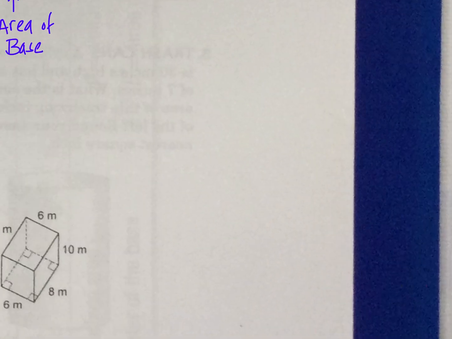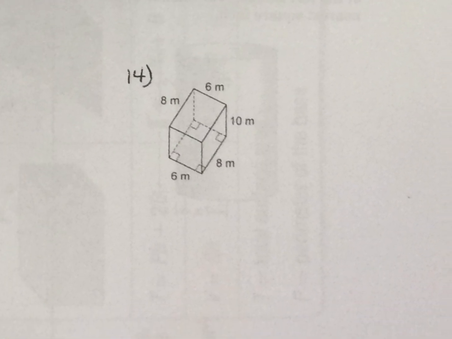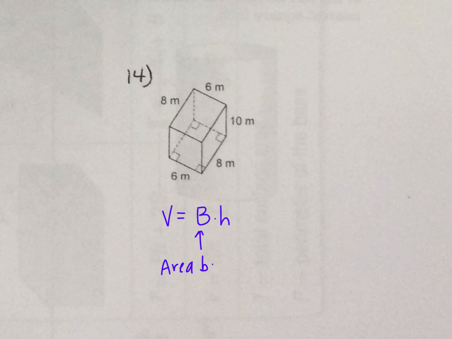We got one more we're going to get the volume of. It's this rectangular prism. So the formula for that is the volume equals big B times the height, and this is the area of the base still. So the base on this is this back panel right here.